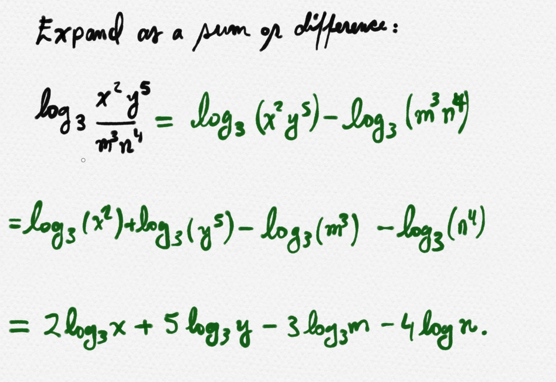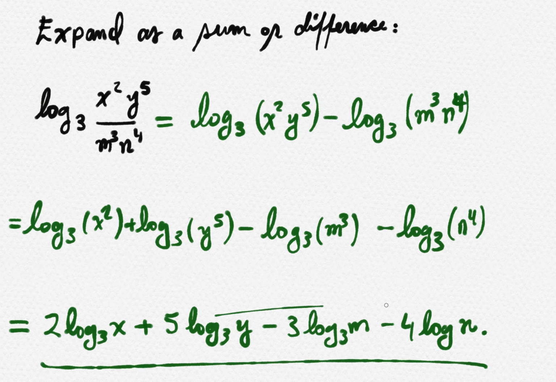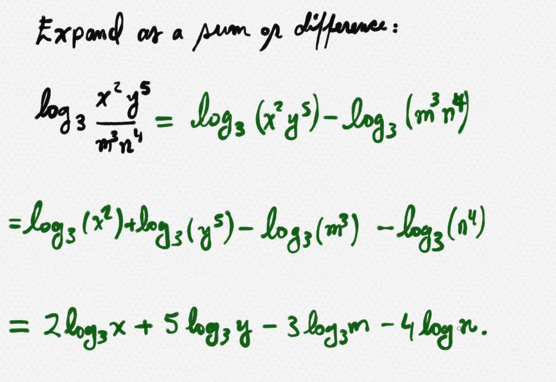So we've taken this sort of compact, complicated logarithm and written it as this sum of much simpler logs to deal with using our properties.